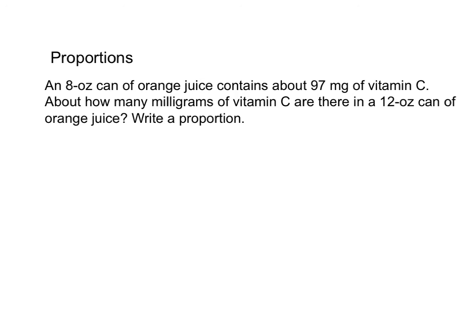And right now, let's highlight what's unknown, and that's about how many milligrams of vitamin C are there in a 12-ounce can of orange juice. So let's create a variable x. So x is going to be our variable, and that's going to represent milligrams of vitamin C.